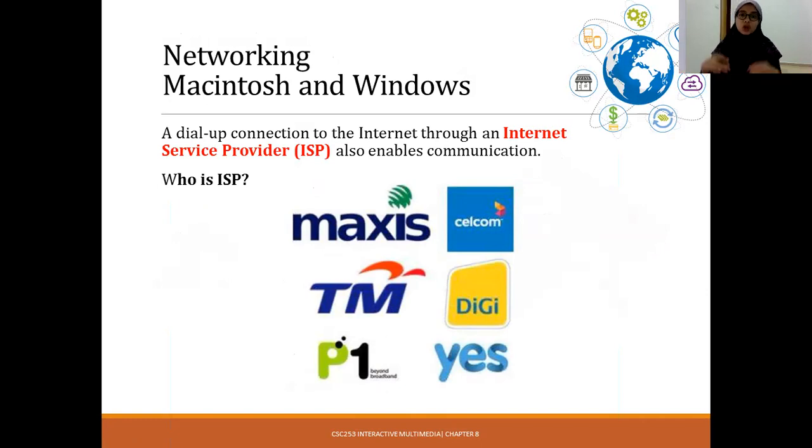The available ISPs in Malaysia include Maxis, TM, Digi. I think most of us know about these. We know these service providers, but maybe we do not know that they are internet service providers. So ISP is internet service provider.